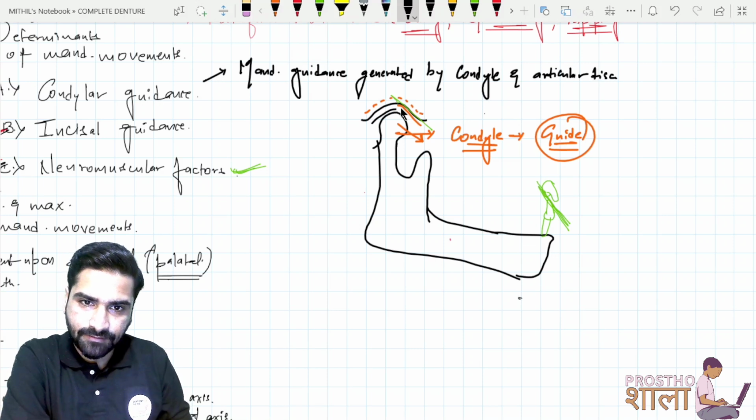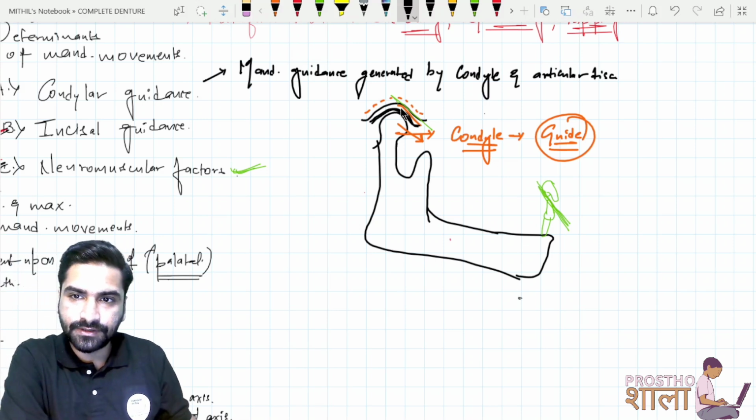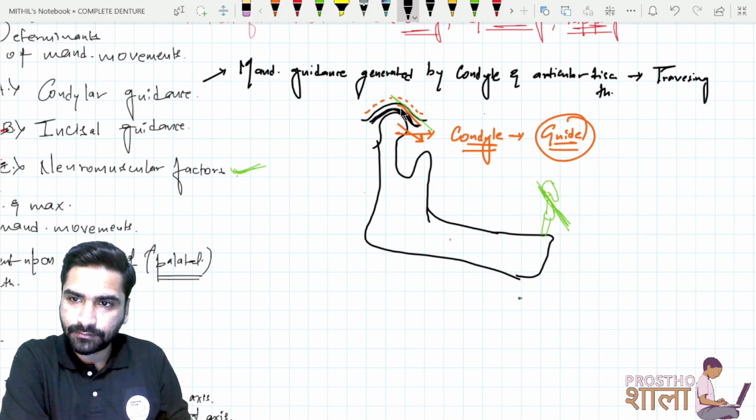We have an articular disc also present in the temporomandibular joint, which is traversing or passing through the contours of the glenoid fossa.